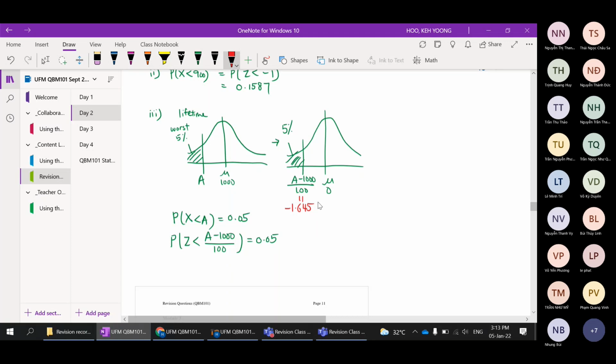You have to add the negative yourself. If the area is in the right tail, then you use 1.645, but now it's in the left tail. So the probability Z less than negative 1.645 is 5%. You let these two be equal, then you will get the answer for A.